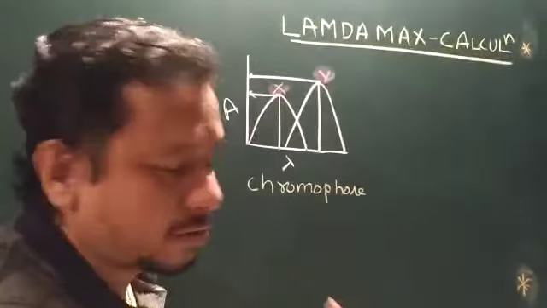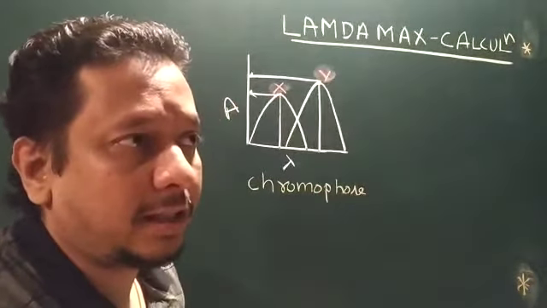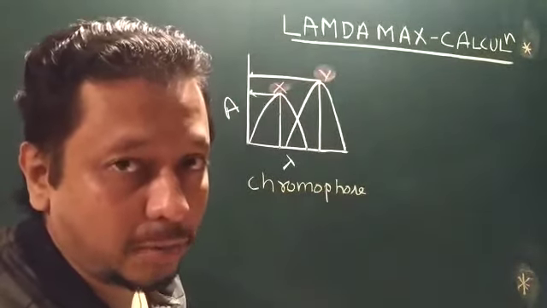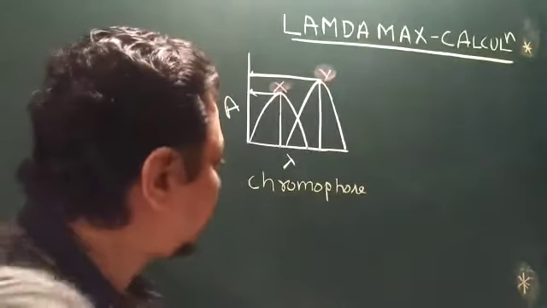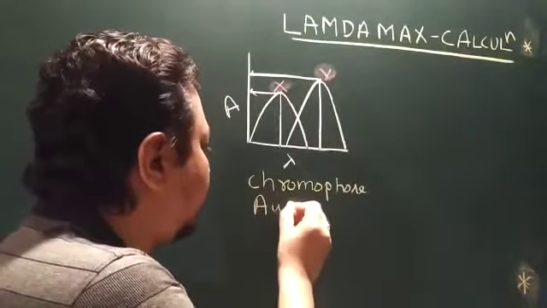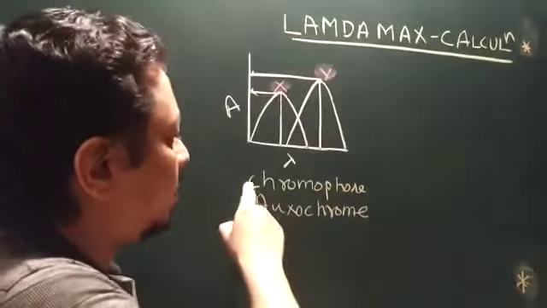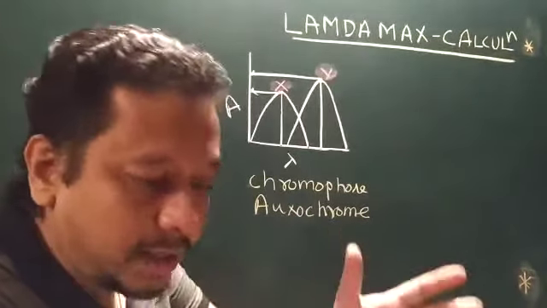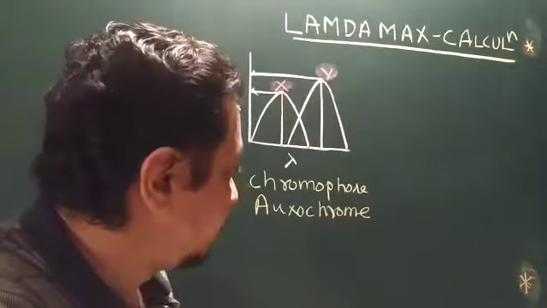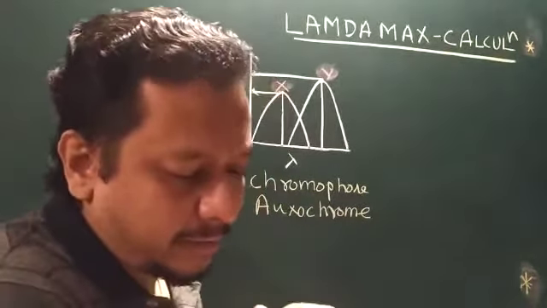Chromophores are functional groups, conjugated double bonds in nature, that impart the color. That's why it is chroma, chroma means color. And auxochromes are functional groups which help to impart the color to the chromophore. Auxochromes do not have a color themselves, but they can impart color to the chromophore. We have already discussed this in our UV visible video.